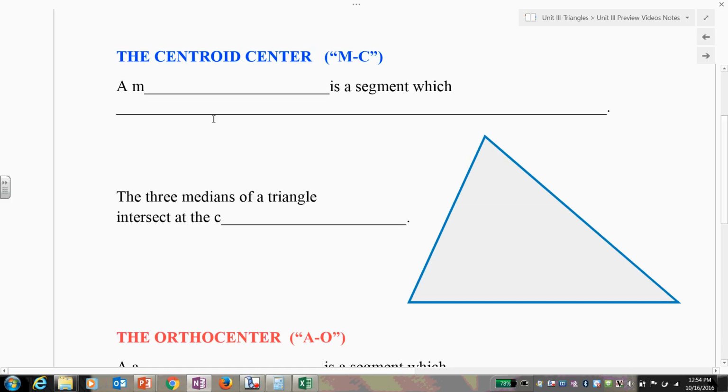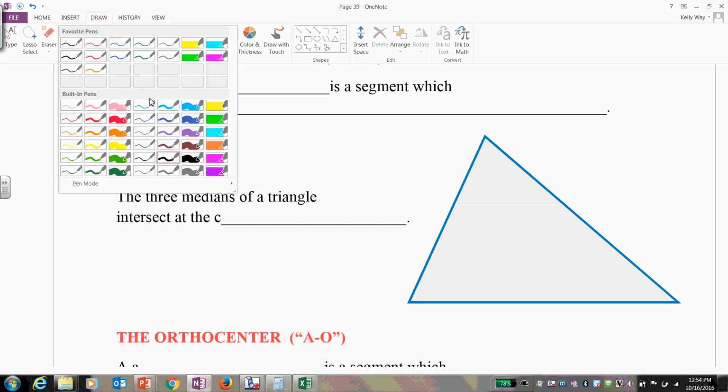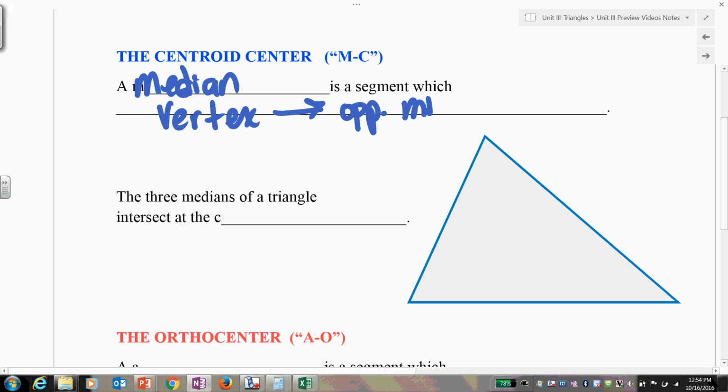A median. A median is a segment which connects vertex to the opposite midpoint. Vertex to the opposite midpoint.